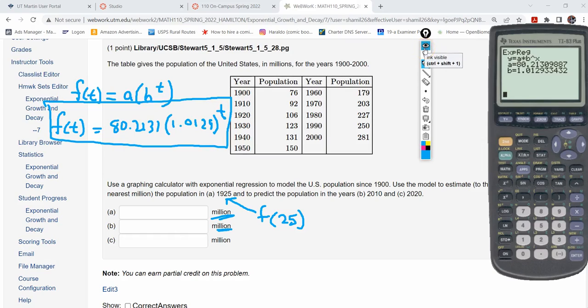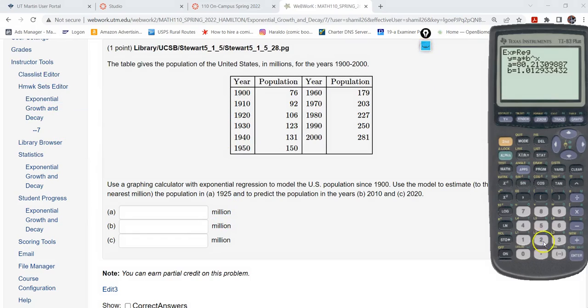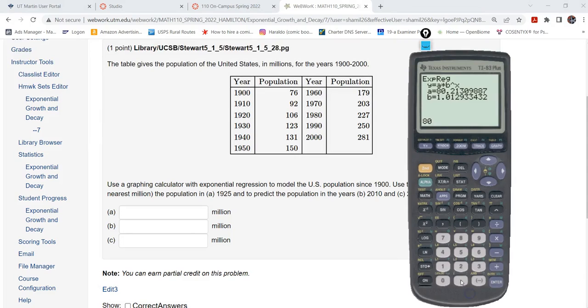Now I'm going to make that disappear off the screen while I do it in my calculator. So I'm going to have 80.2131 times b to 4 places to the power of 25.